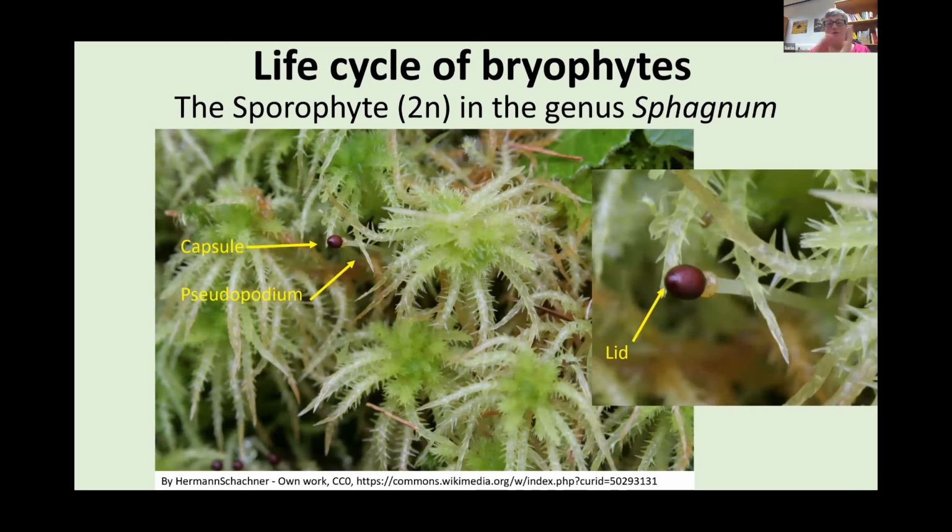Moving on to sphagnum. Sphagnum is again a bit of a funny one. The capsule looks a little bit like a liverwort capsule because it's dark and it's round, but it's more complicated. It has a proper lid. You can see from the picture on the right hand side that it has a lid. And also it differs because instead of having sporophyte tissue that forms a seta, it has a pseudopodium which is made of gametophytic tissue.